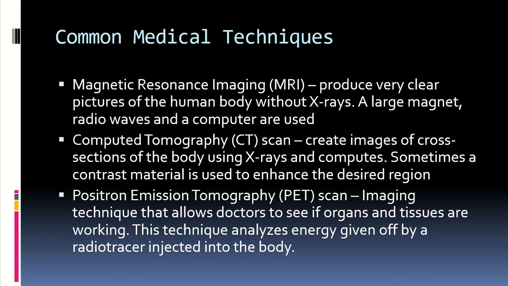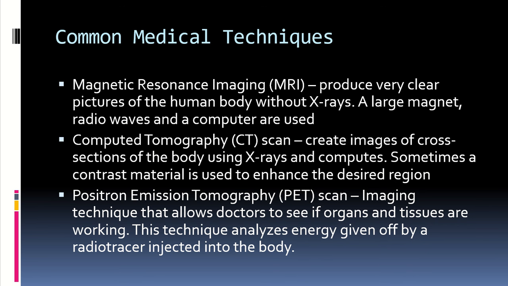And sometimes a contrast material is used to help distinguish certain portions of what is being scanned so that it can be distinguished from other portions. A contrast agent basically makes some parts show up brighter or darker on a CT scan than other parts.